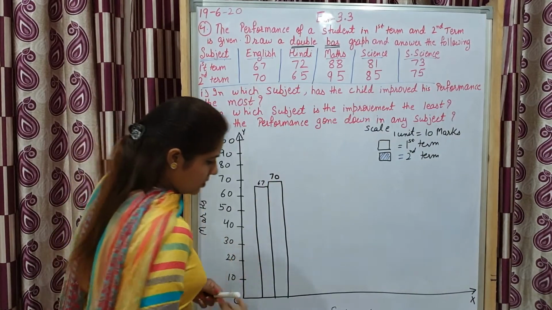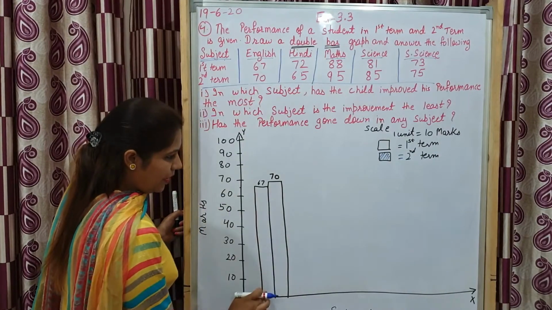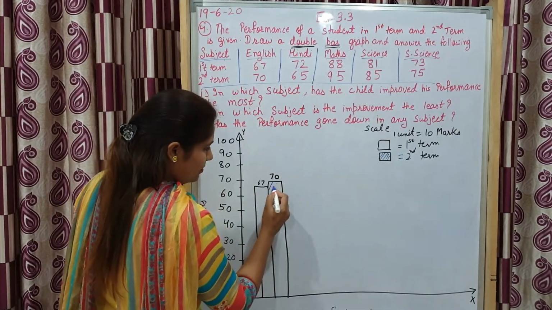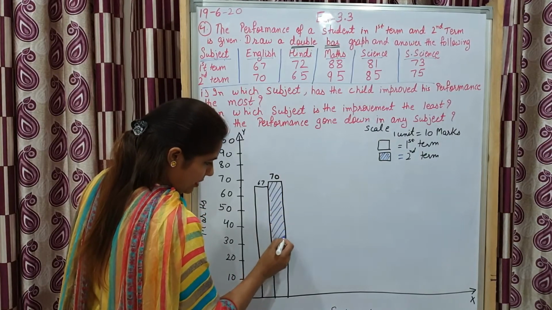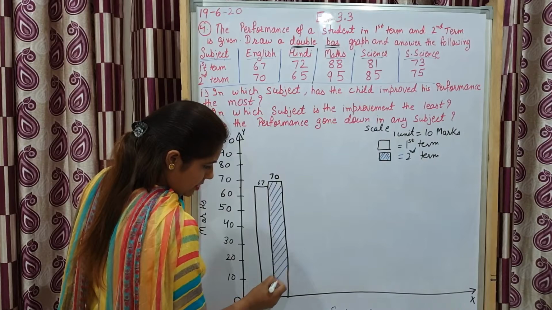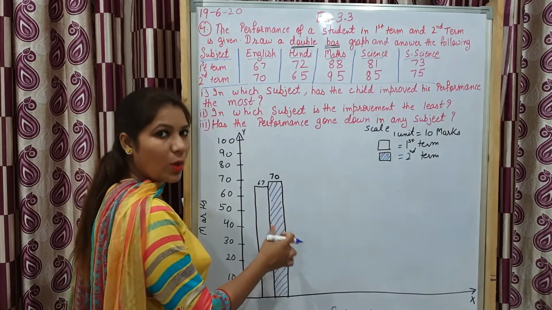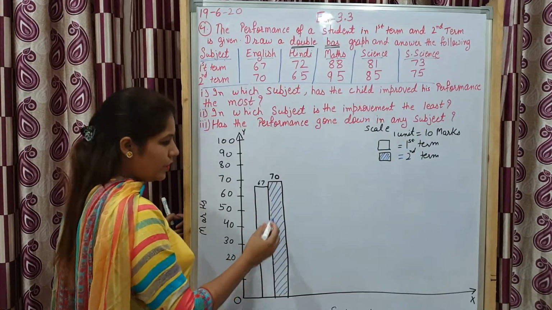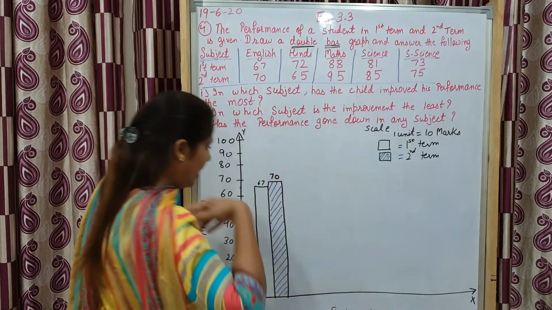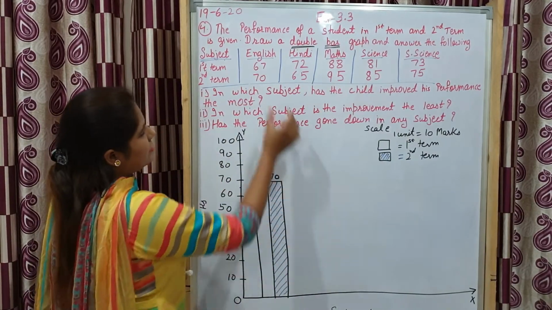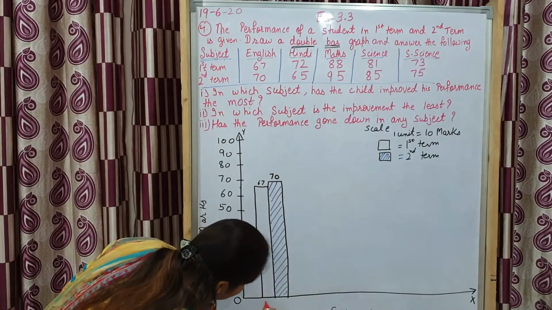Now students, see here, I told you first term I will leave plain, second term I put a design like this. You can do anything, you can color it, yellow here, blue here, whatever. You can do zigzag also. You can give any type of design. And then you will write the subject here. This one is English, so we can write English here.